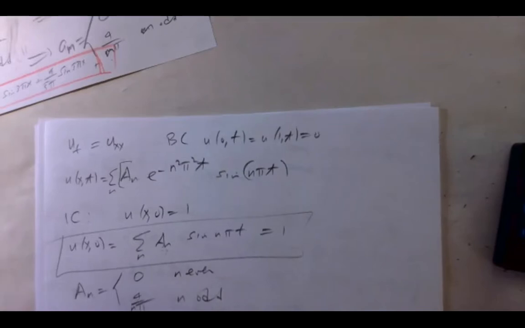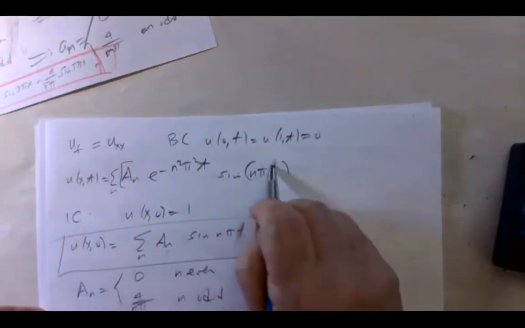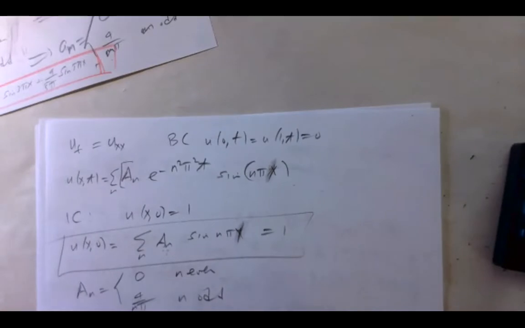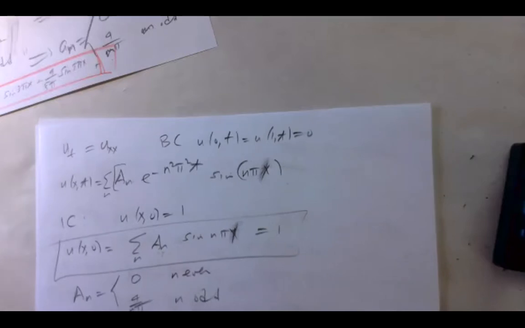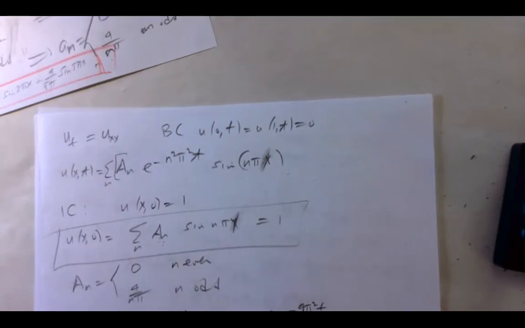When n is 3, I get 4 over 3 pi e to the minus 9 pi squared t sine 3 pi x. When n is 5, I get 4 over 5 pi e to the minus 25 pi squared t sine 5 pi x, and so on. Okay.